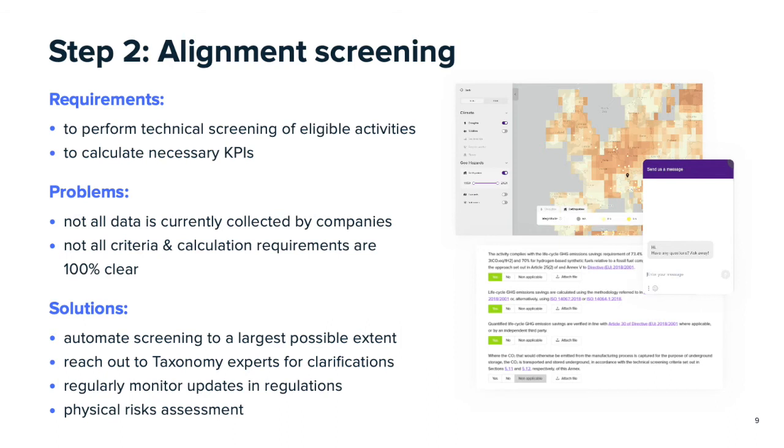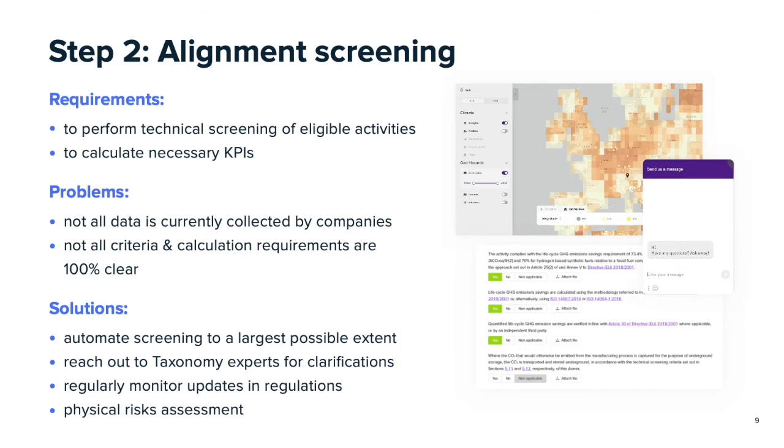So what can be done? It is of course good to try to automate screening to the largest possible extent. For example, if it concerns CO2 emissions, we can use carbon calculators, or we can collect some data automatically. In our approach, we do physical climate risk assessment automatically.